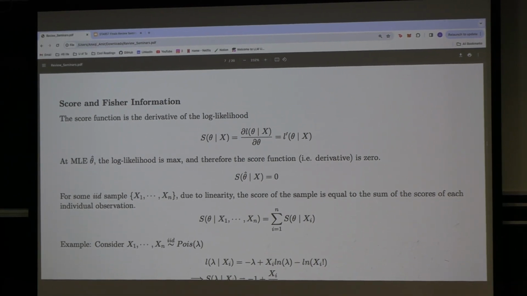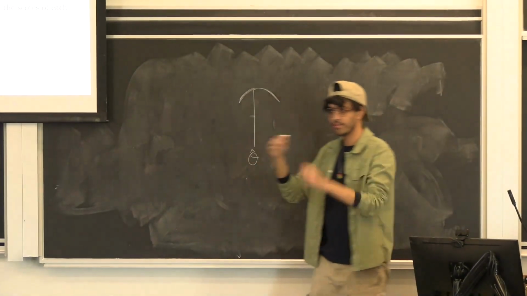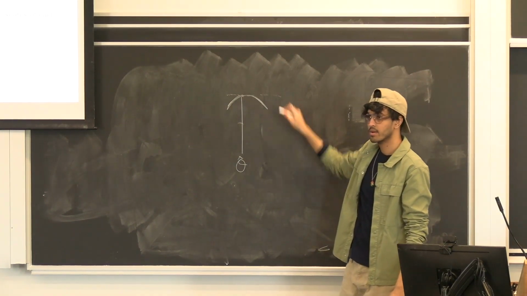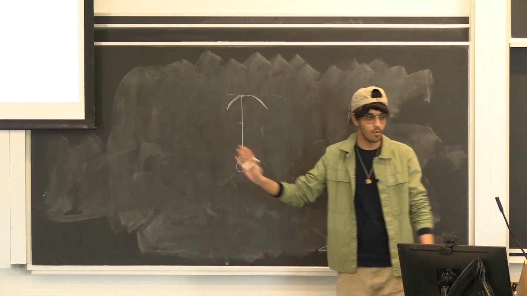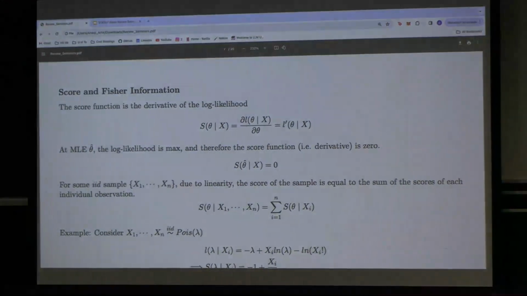So what would the derivative be if it's maximized? If this is your MLE, its maximum, it has to be less everywhere else. What can we say about the slope? It's 0, right? So the score is 0 at the MLE. Okay, very nice. That makes sense.